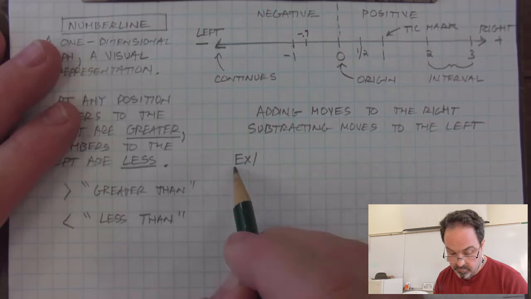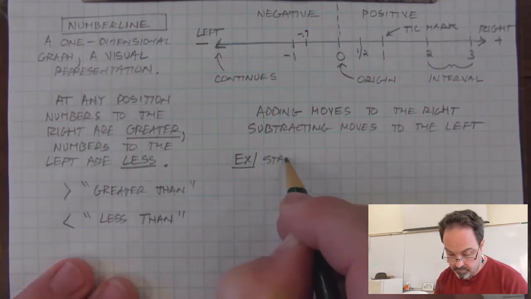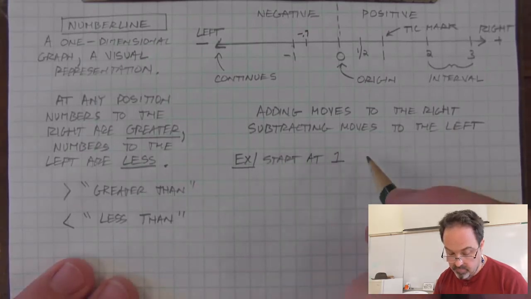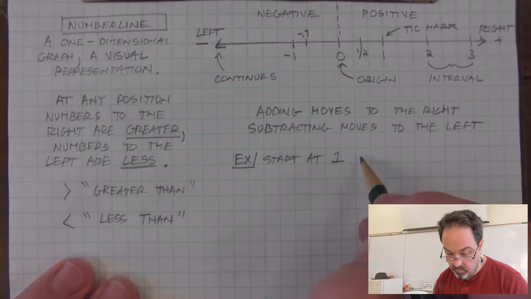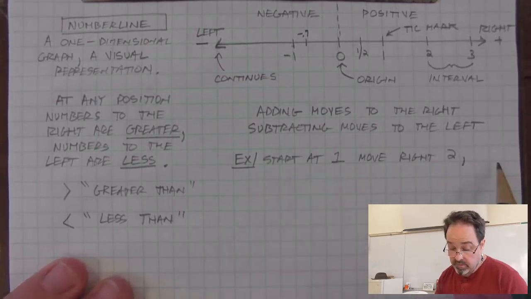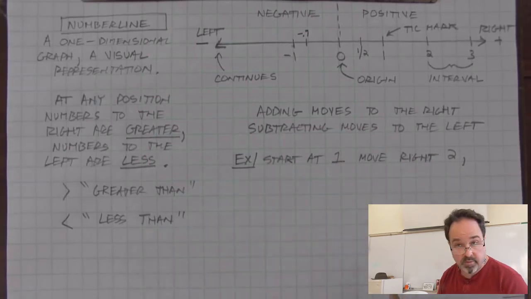A couple examples. We could be given the instruction, start at 1, move right 2. This is using language to describe a change in quantity.